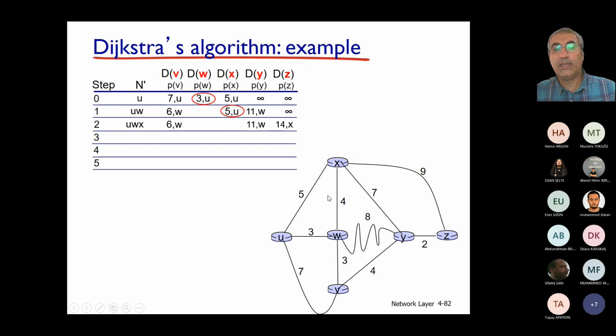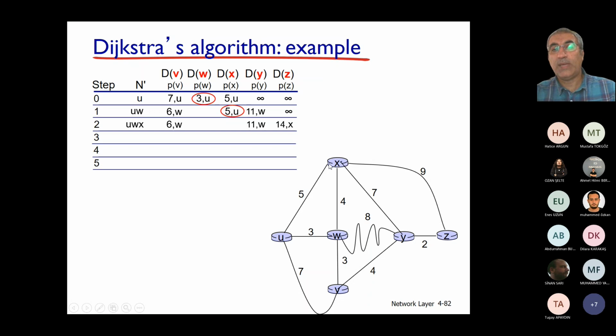And in terms of y, we have x now, and we have a new path through the x to reach the y, but the cost is 5 plus 7, which is equal to 12, which is greater than 11, so we don't update. We keep this 11 through the w to reach y.